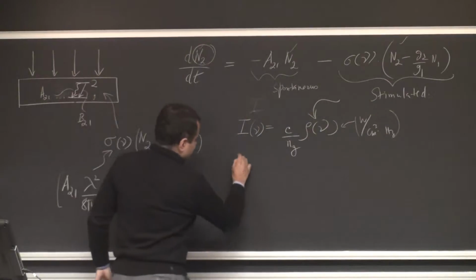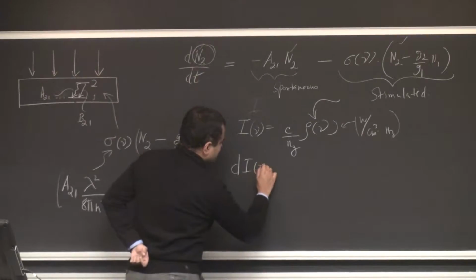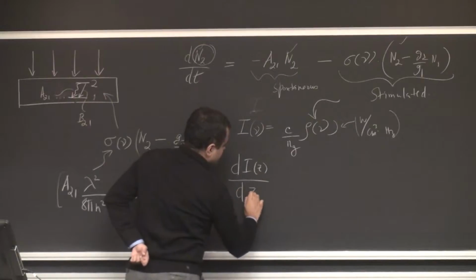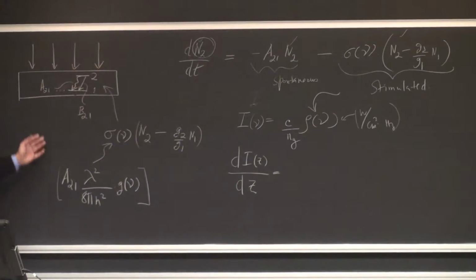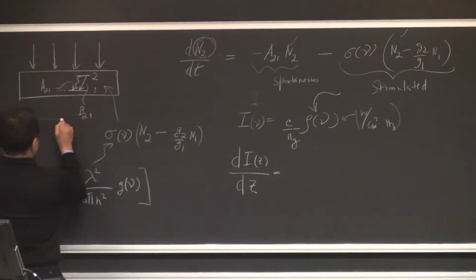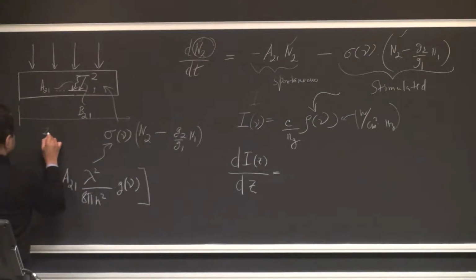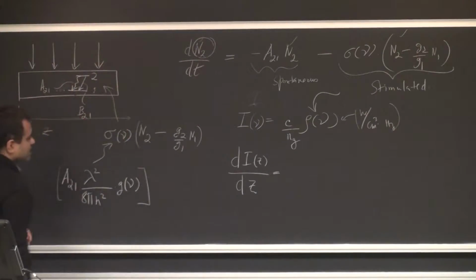And what I want to get to is, instead of tracking the number of atoms, I want to track the intensity of light. This is really what I'm after right now. How does the intensity of photons change as I go along in Z, from say here to there, as I'm pumping it? How does the intensity change, right?